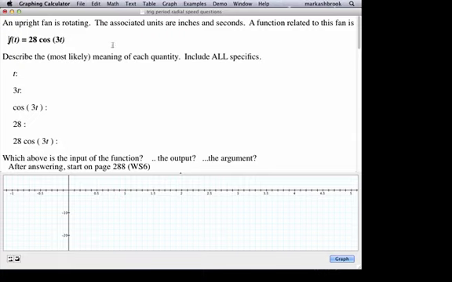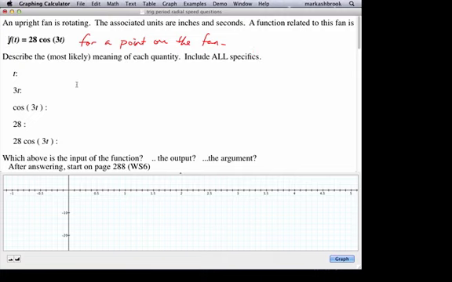So we probably need to start by saying this is about a point on the fan. We had to have a specific point on the fan. Okay, so t.